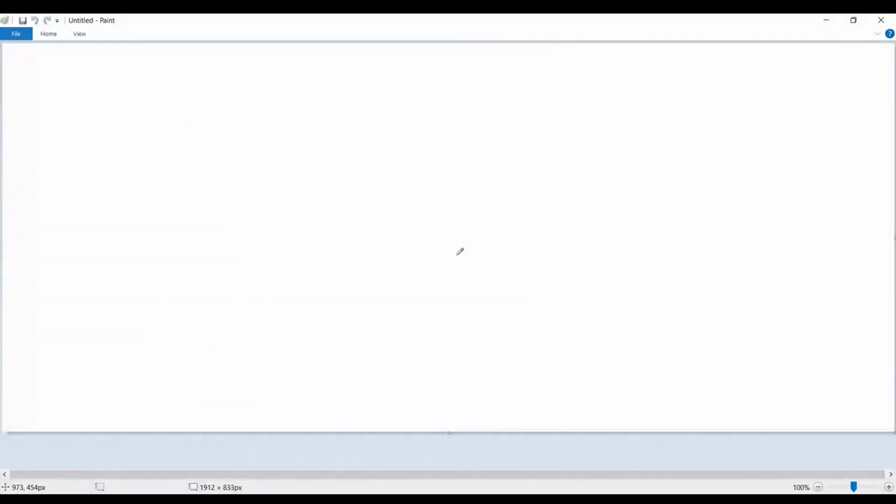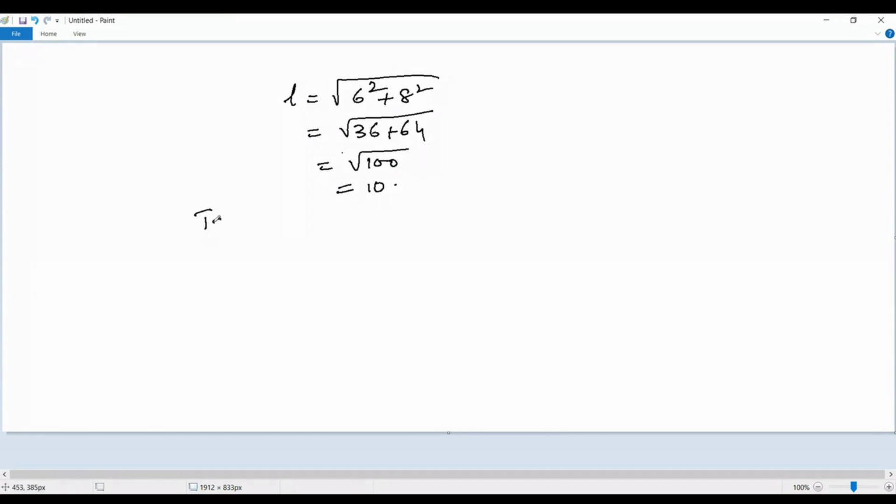Here they have given r and h, and we have to find L. 6 squared plus 8 squared, 36 plus 64, 100, so L is 10. And they have asked for TSA, right? TSA is 22 by 7, 6 into (6 plus 10), so 22 by 7, 6, 16.